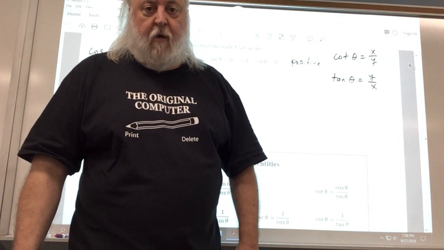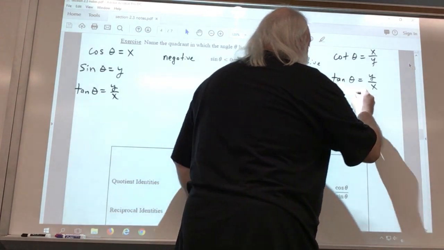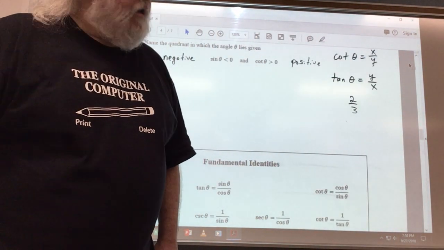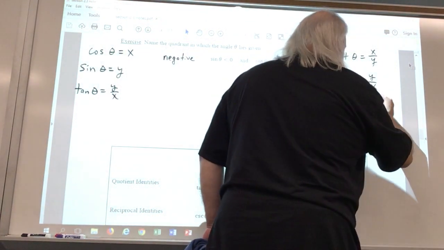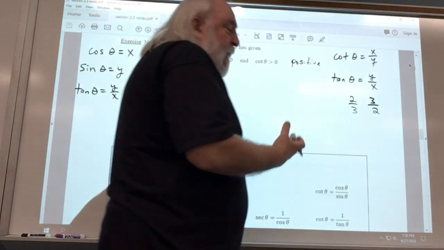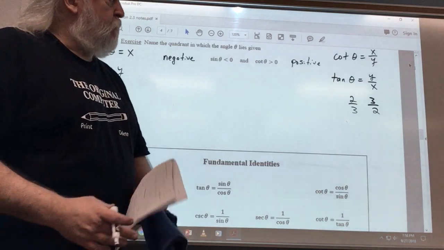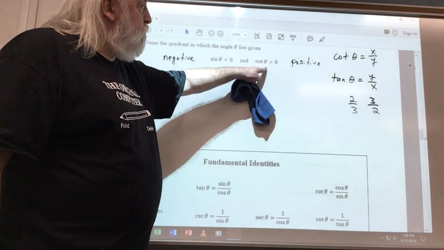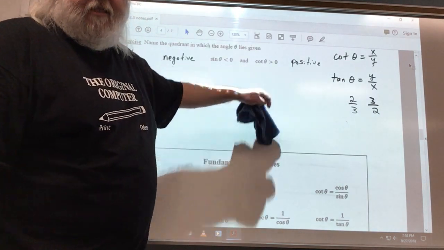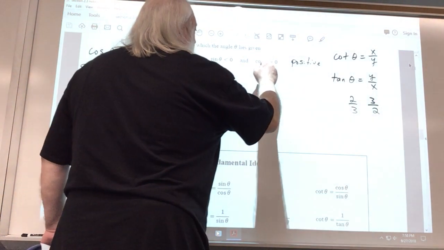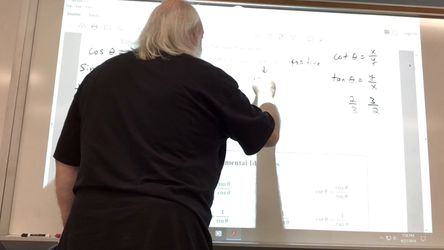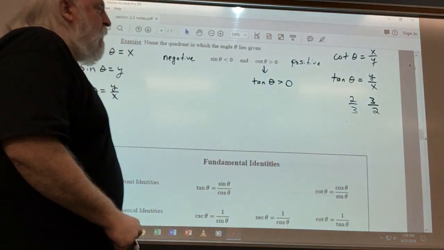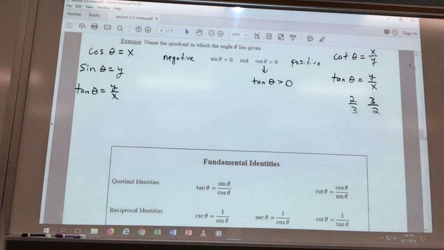be positive, right? If I have the number 2/3, you know that's a positive number. And so the reciprocal of that number is 3/2, and that's a positive number. So the reciprocal of a positive number is a positive number. So if cotangent is greater than 0, then it must be true that the tangent of the angle theta has to be positive, has to be greater than 0.